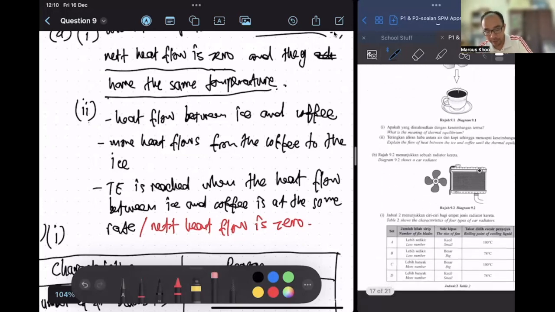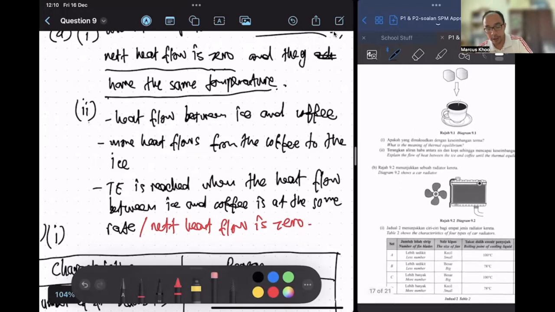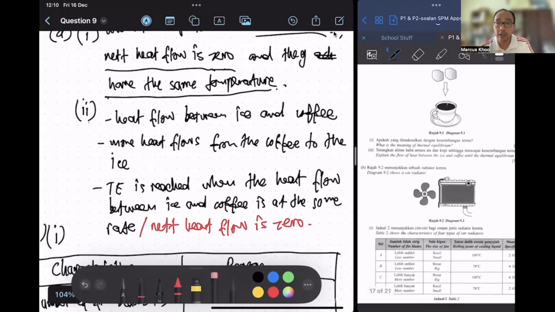Okay, then you have radiator. The car radiator, remember the function of the car radiator is to cool down the car engine. And how does it cool down the car engine? It does it by taking away the heat from the engine. So you want to make sure that you have this in mind. When we talk about the number of strips, obviously we want to have more, so that more heat can be dissipated out.